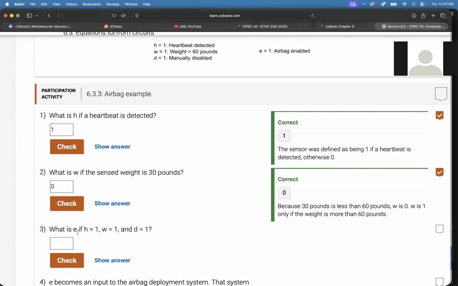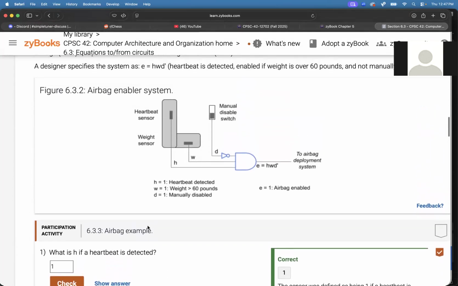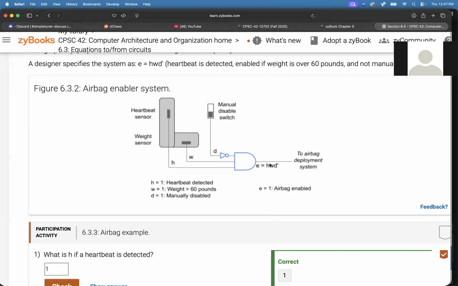What is E if H is 1, W is 1, D is 1? So H, W, D, all 1. If H and W are 1, we've got a 1 and a 1 here, right? Oh, actually, we got the equation here.